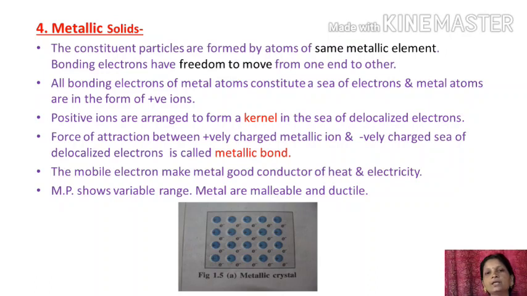Positive ions are arranged to form a kernel in the sea of delocalized electrons. The force of attraction between positively charged metallic ions and the negatively charged sea of delocalized electrons is called metallic bond. The mobile electrons make metals good conductors of heat and electricity. Melting point shows a variable range. Metals are malleable and ductile.